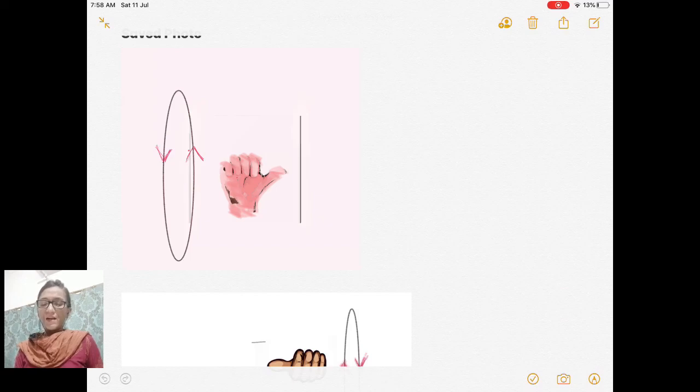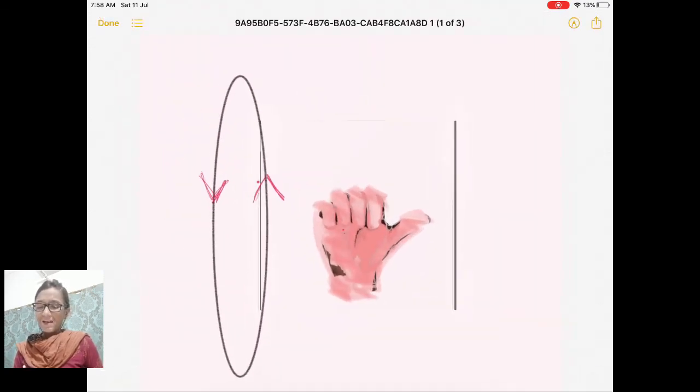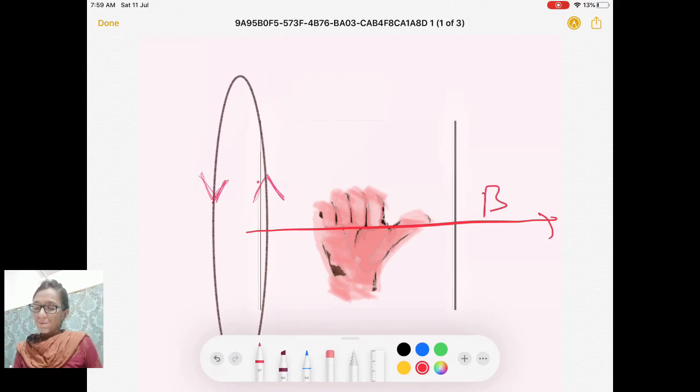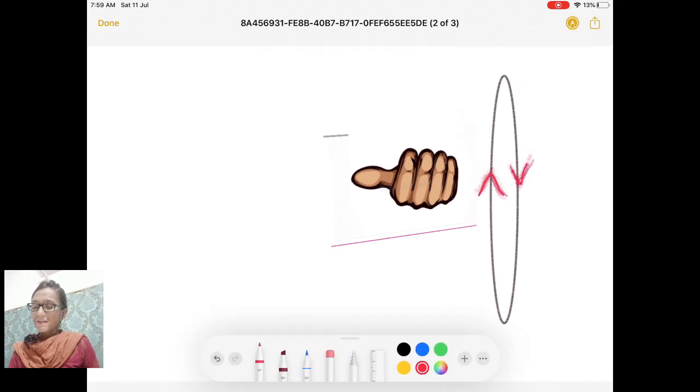The direction of the magnetic field due to a circular current carrying conductor can be obtained, in this diagram you can see, by the right hand thumb rule. Place the curl of your fingers in the direction of current. Here the curl is placed and the thumb is pointing in this direction, so the magnetic field is in this direction only. Now in the second figure, the curl of the fingers is placed in the direction of current.